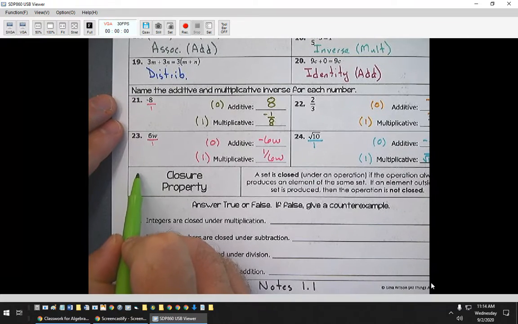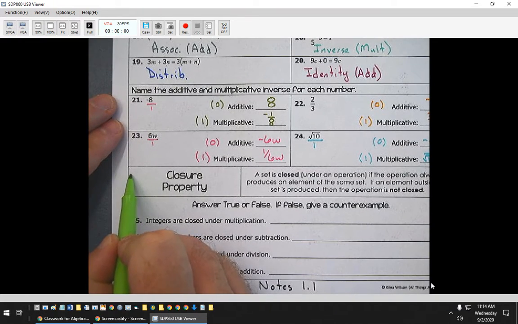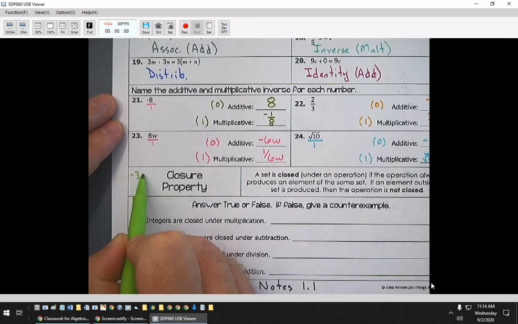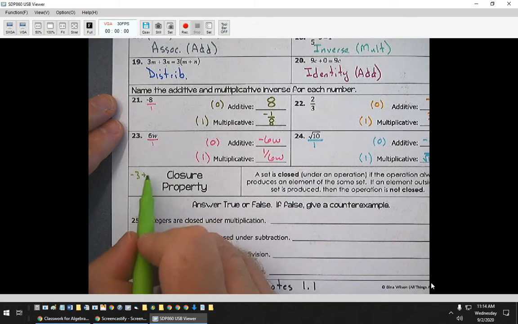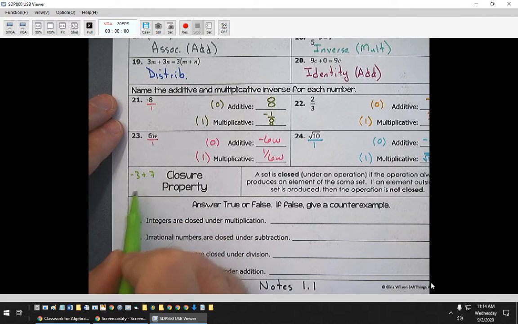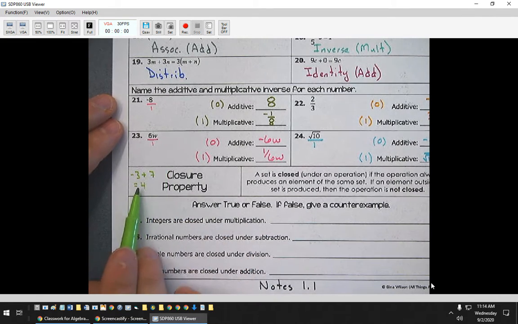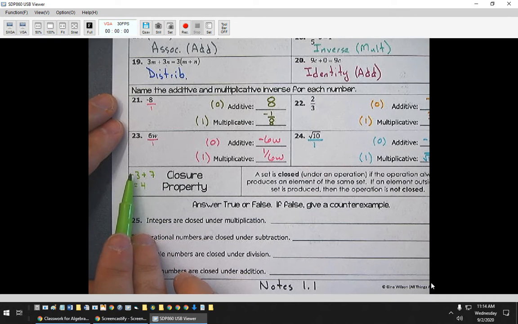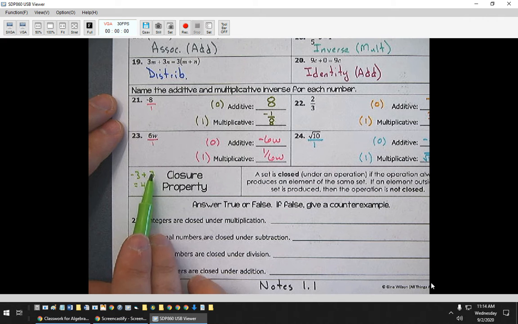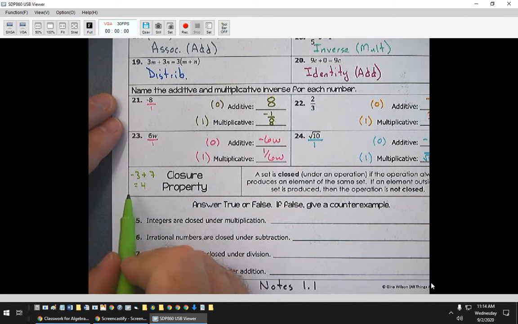Let's pick any integer, -3, and I'm going to add another integer, negative 3 plus 7, and I end up with 4. Is that still an integer? Yeah. So that's what I mean by closure. If you take something from that group, you add something from the same group, it's still in that group. So this is closed.